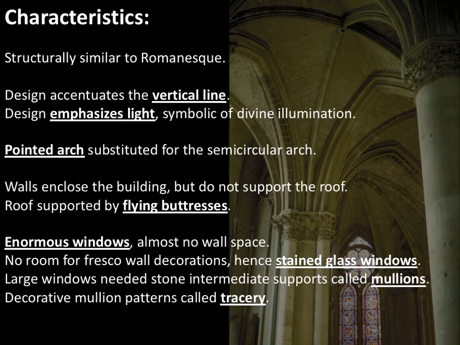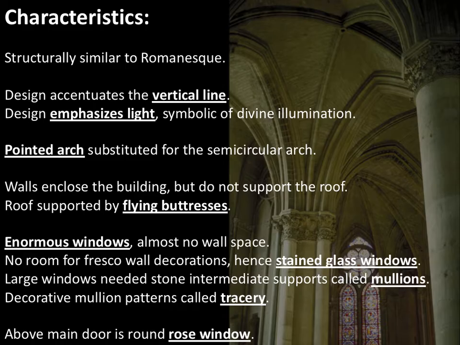So we have these enormous windows filled with stained glass, but the intermediaries within the windows we call tracery, and those are decorative also. And as I pointed out before, above the main door is a round rose window. I think the rose windows are the only truly round things that you find in the Gothic period. Everything else has that pointed arch to it.